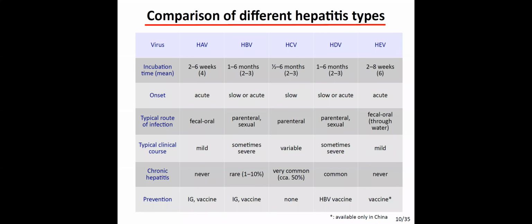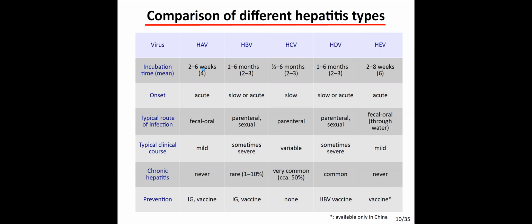The patient could have a very sensitive liver, but it doesn't last too long, maybe 1 or 1.5 months, and the patient is cured and protected against hepatitis A. That means a chronic hepatitis is never going to develop from hepatitis A viral infection.